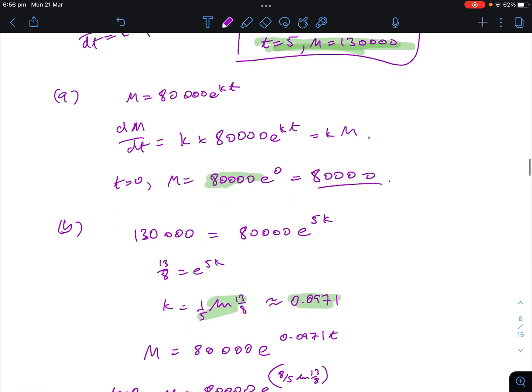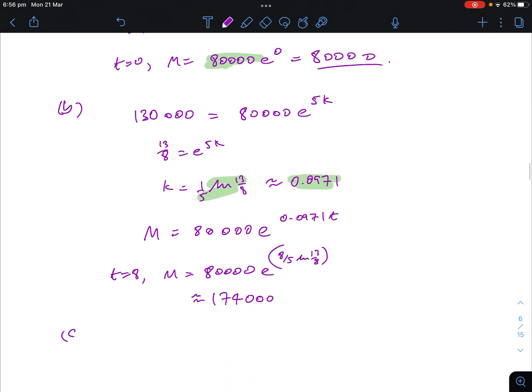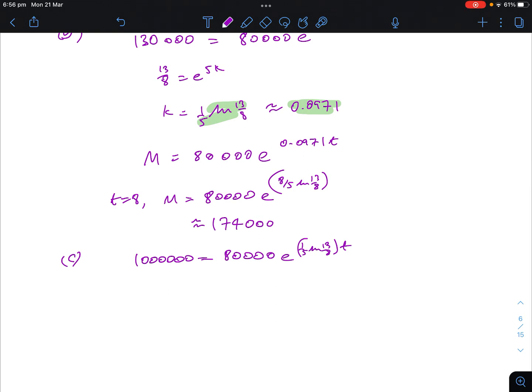Okay. C. Predict in what year the population will first exceed 1 million. So you're looking for where 1 million equals 80,000 e to the 1/5 ln 13/8 t, which is to say 1 million over 80,000, which is what, 12.5, not 125, of course it is. 80,000 times 12 is 960,000, so it's 12 and a half. 12.5 equals e to the blah blah blah.